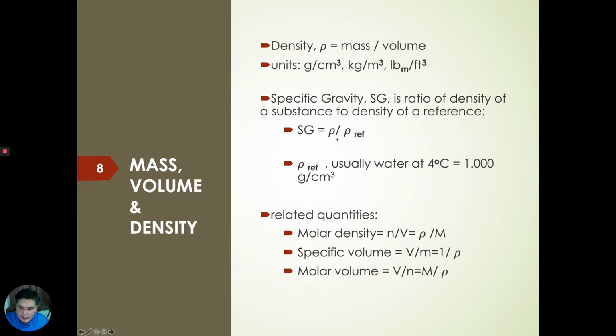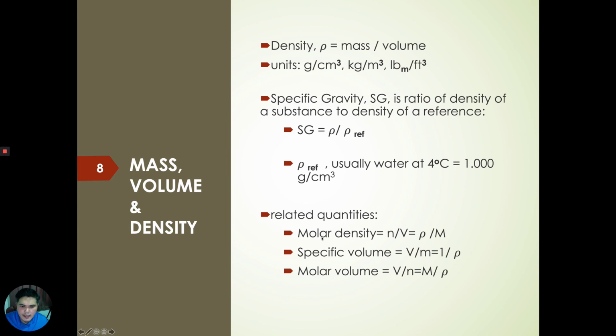For example, we calculate the density of alcohols, such as ethanol or methanol, with respect to water. What is the specific gravity? So we get the specific gravity for methanol, and then we divide it by the specific gravity of water.